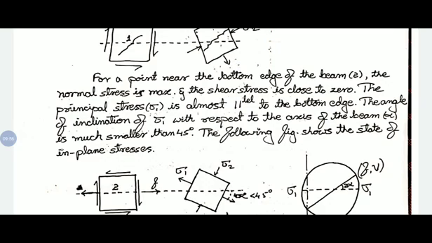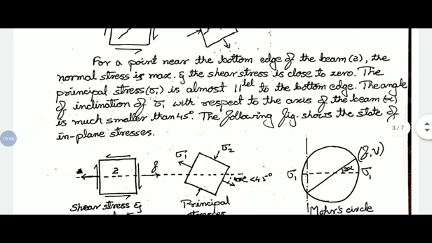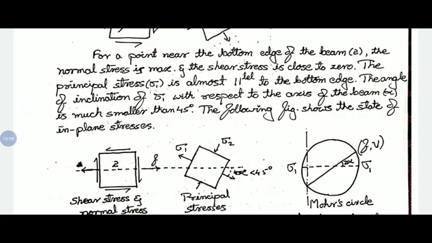The angle of inclination of sigma 1 with respect to the axis of the beam is much smaller than 45 degrees. In the figure you can observe sigma 1 is inclined at an angle of less than 45 degrees with respect to the axis of the beam.